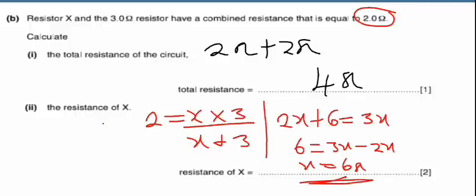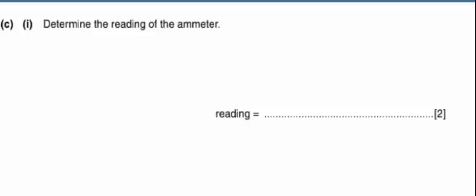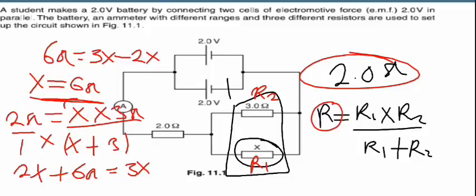Let's see the last one. So the last one is saying determine the reading of the ammeter, meaning they are asking us to calculate the current. So current is equal to voltage divided by the resistance. So now the voltage that we have here, let me just see it. So we have this one here and also this one here.